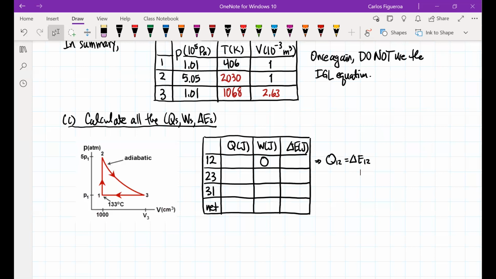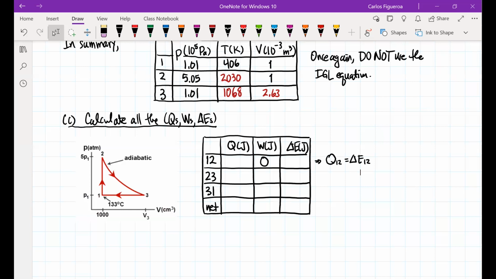This little guy keeps popping up: 10 to the 5 times 10 to the minus 3 is always going to be 10 to the 2, or 100. So all of our heatings, workings, and internal energy are going to be of the order of 100. If I compute this, I get a value of positive 606 joules. That's my internal energy between 1 and 2, which will then be the heating between 1 and 2.